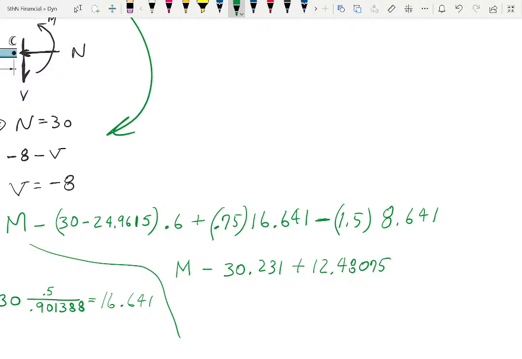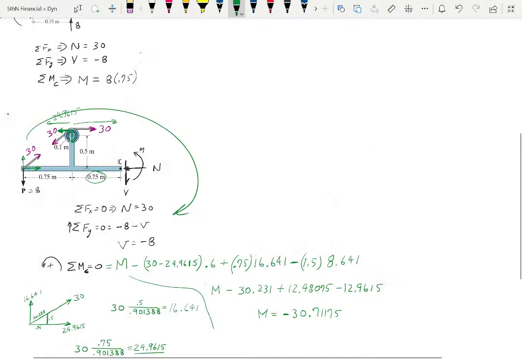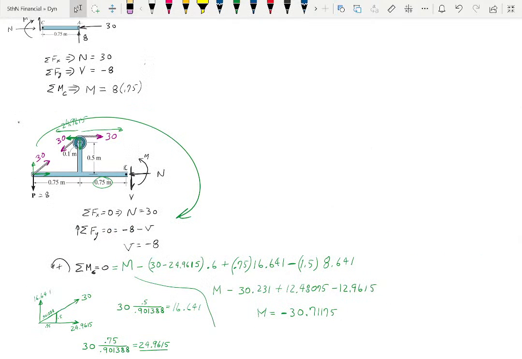And then this last bit, it's a lot of work. Given the fact that this is the case, there's probably an error that I made along the way. And if I did, I'm just going to accept it and let you fix it. And as I go through there, I get the moment about equal to minus 30.7175. I think we've got two different moments.